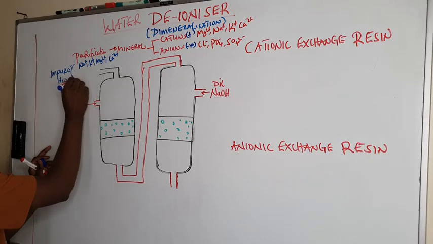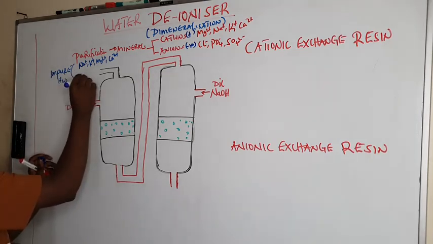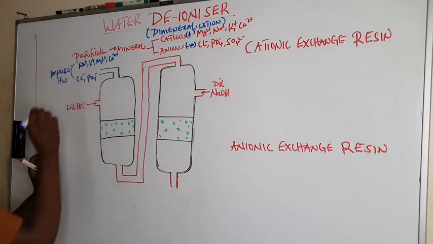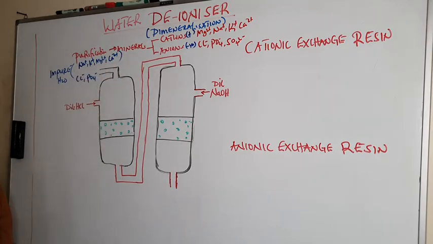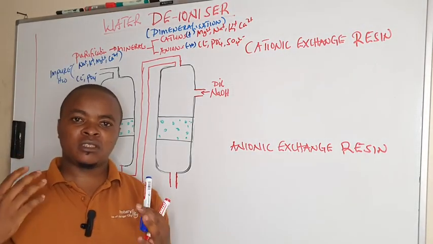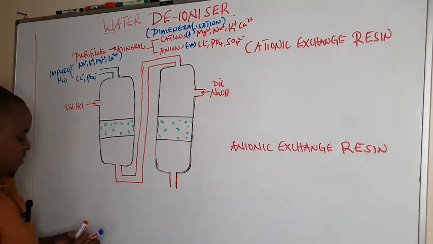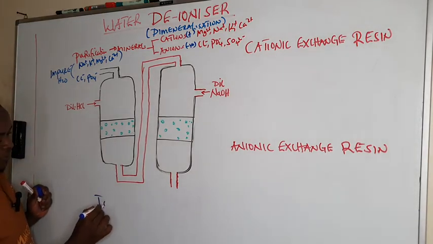Then it contains anions such as chloride, such as phosphate. So this impure water is fed into two different exchange resins, because it works under the principle of ion exchange.